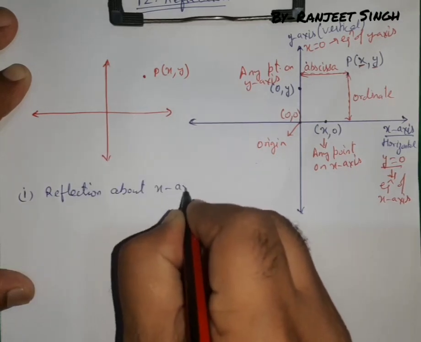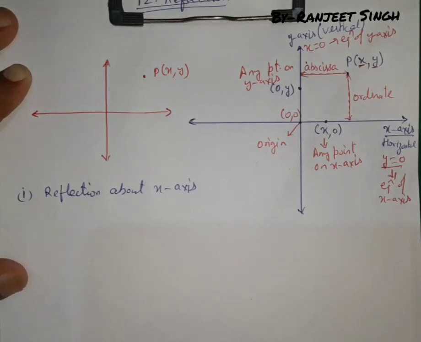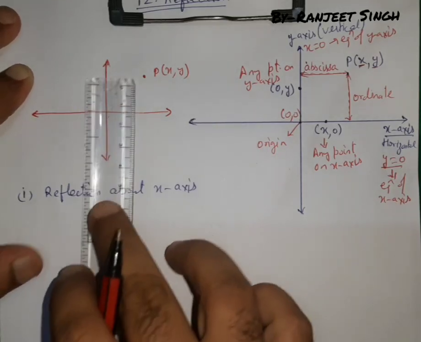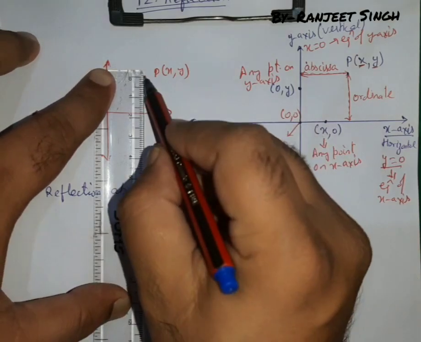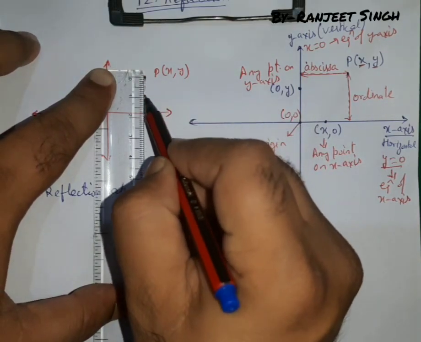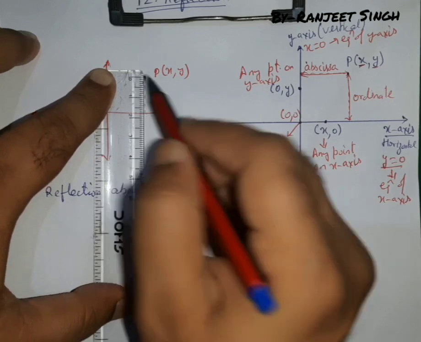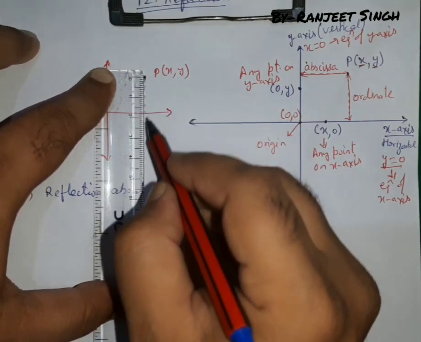In the case of reflection about the x-axis, this point will be shifted perpendicularly by the same distance as it is above the axis. So it will move from above to below.